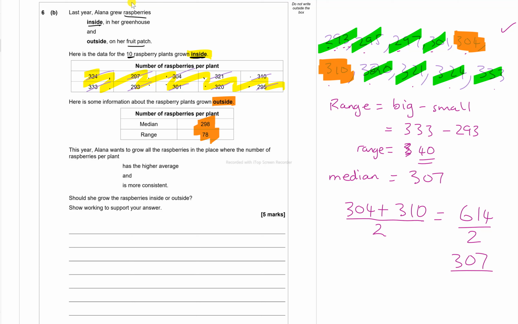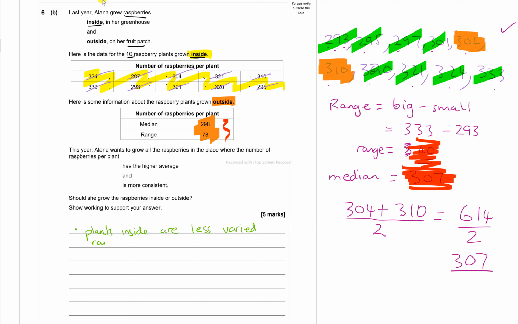Right, we need to compare these two with these two here. Now, range. I can say that the plants inside are less varied. Why?